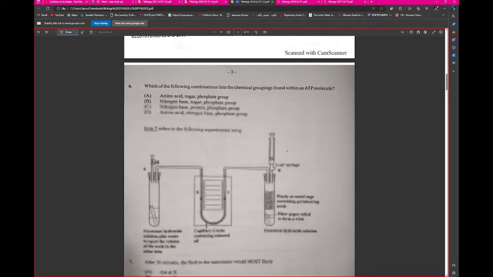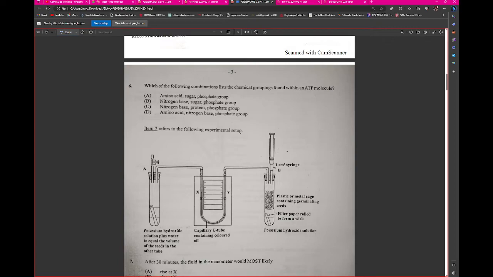In 6, which of the following combinations lists the chemical groupings found within an ATP molecule? Your syllabus does ask you to discuss the structure of ATP, so that makes sense, or hints at it at least.